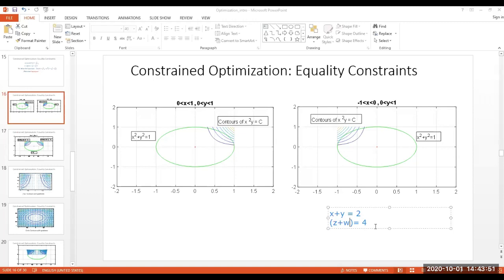What is the condition of a system being linear? If x and y are linear, we can write them as ax plus by equals a certain constant c.